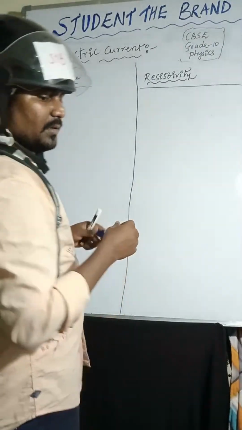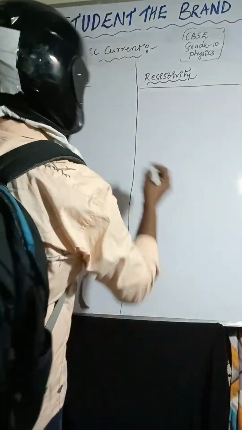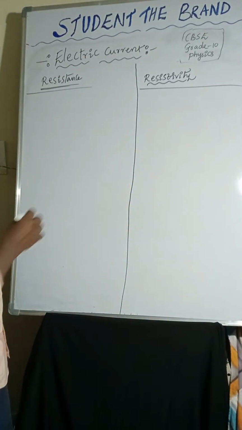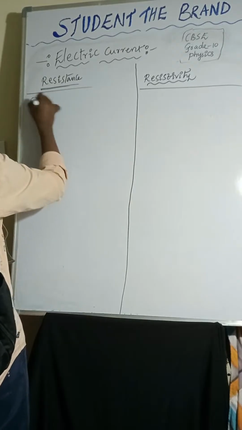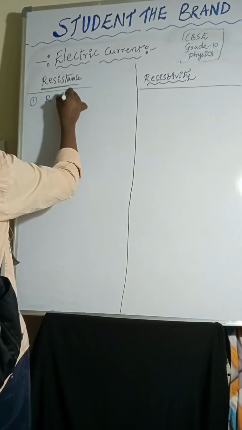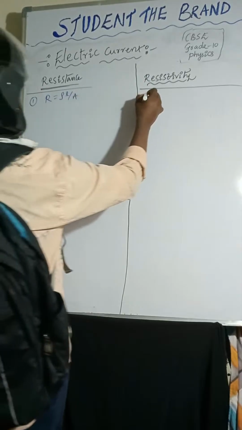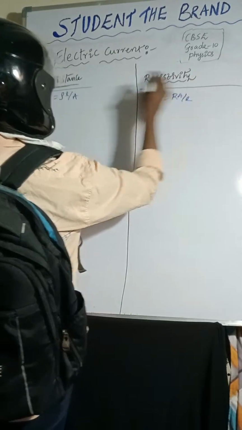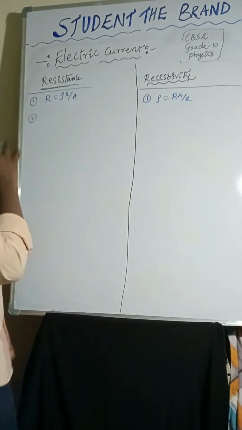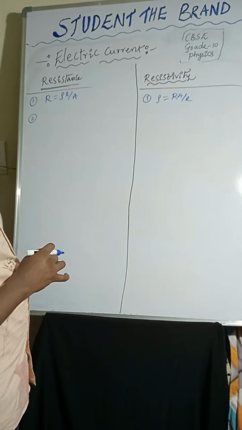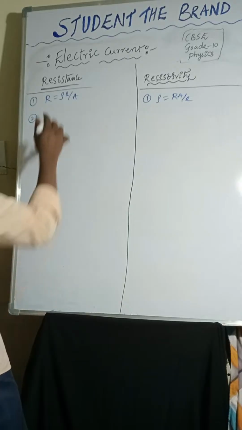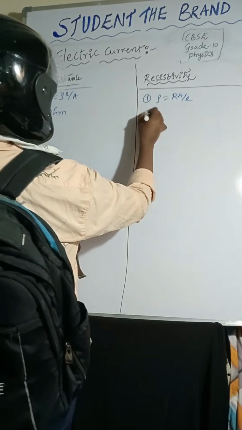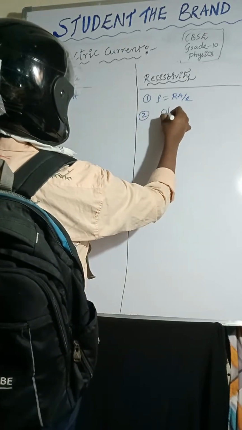For resistance, R equals rho into L by A. For resistivity, rho equals RA by L. Second, the SI unit of resistance is ohm, and for resistivity it is ohm meter.